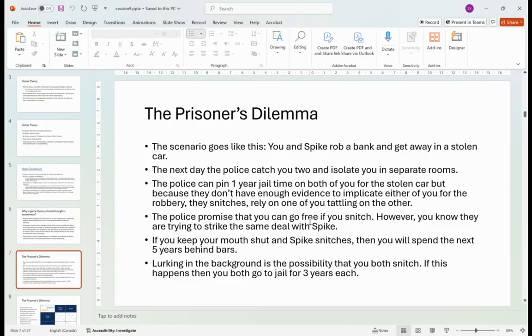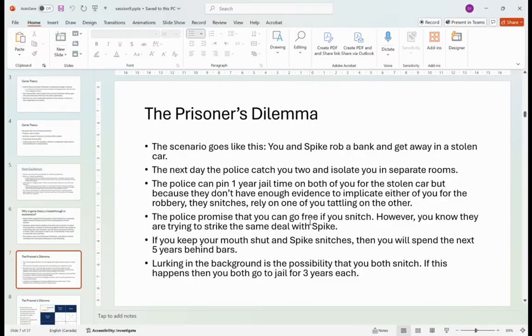But the police doesn't have enough evidence to support that they committed the bank robbery. So each robber would go to jail for at most 1 year only for the stolen car, but there is not enough evidence to prove the robbery by either of them.